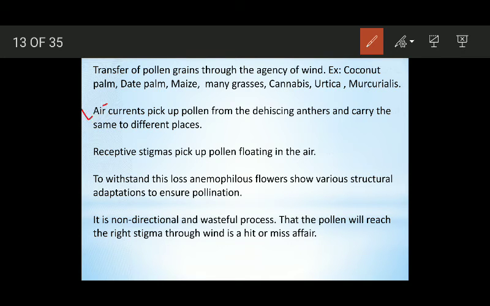The air currents pick up the pollen from the dehiscing anthers and carry the same to different places. The anthers which dehisce, which rupture, release the pollen grains. These pollen grains are taken away by the wind currents to some different places. The receptive stigmas present in the flowers located at a different place pick up the pollen grains which are floating in the air.